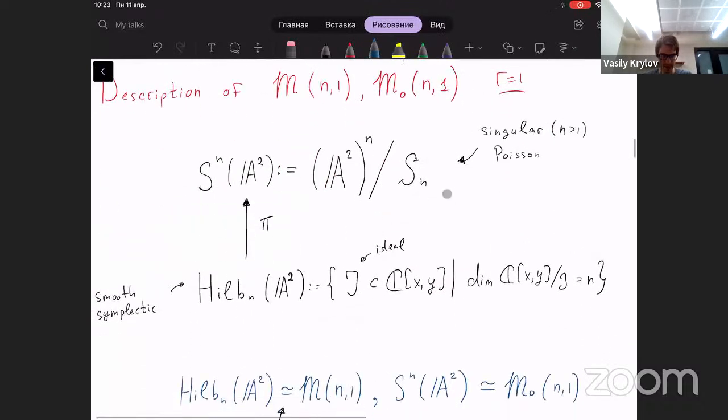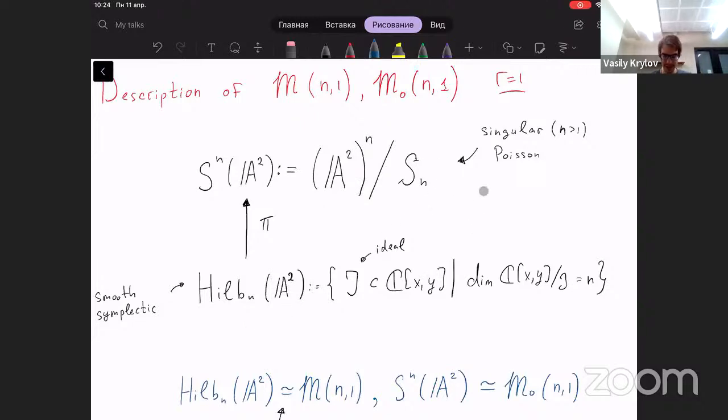Okay, great. Yes, so we can consider the following space, which I denote by Sn of A2. By definition, this is the quotient of A2 to the power n by the action of the symmetric group Sn. You can think of this as the variety that parameterizes unordered n-tuples of points on A2. So you have just n points of A2, and then you forget the ordering.